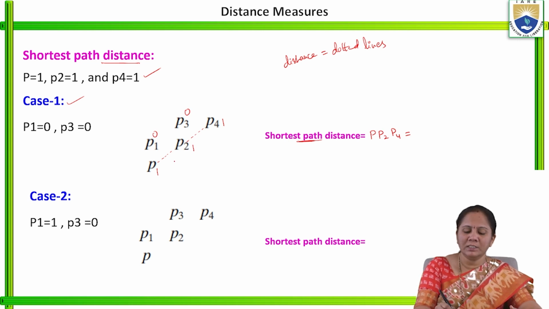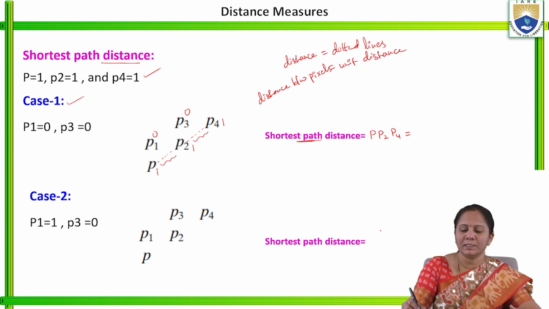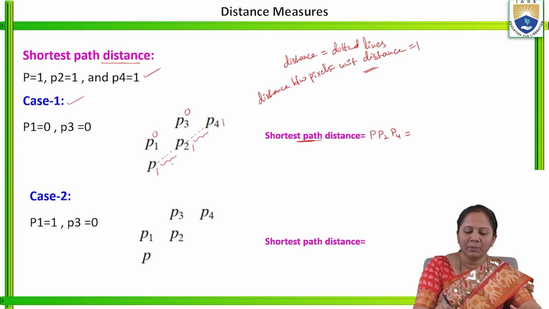And if we consider the distance between these two as a unit distance, that means distance between pixels considered as a unit distance, then here in between these two, 1, in between these two, 1.